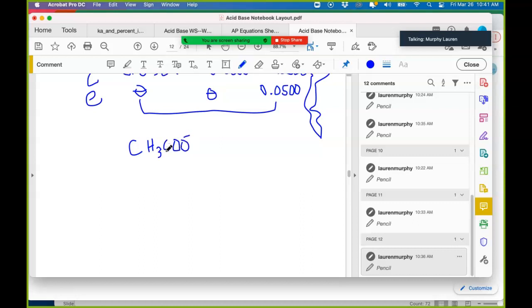Here's your salt. This is your salt. That's what's left, right? And water. This guy, the conjugate base of the acid, is going to rip a hydrogen away from the water because it's so strong.